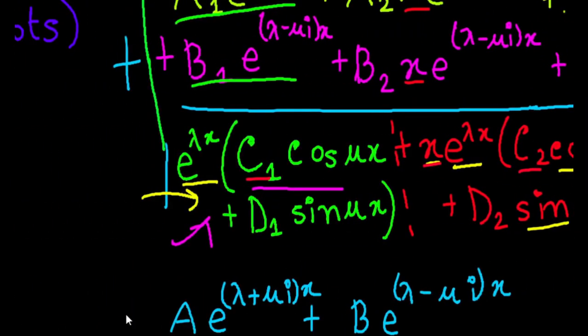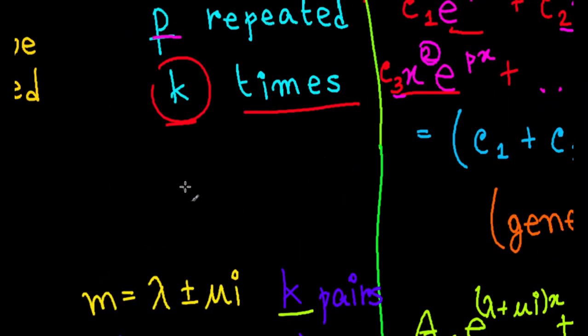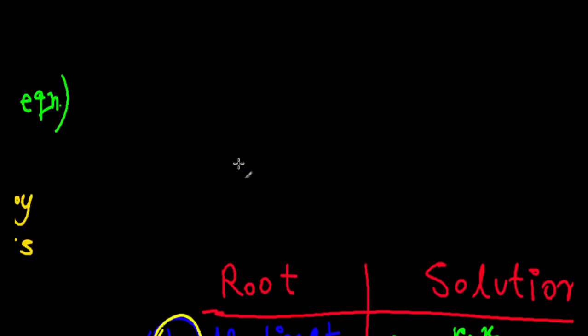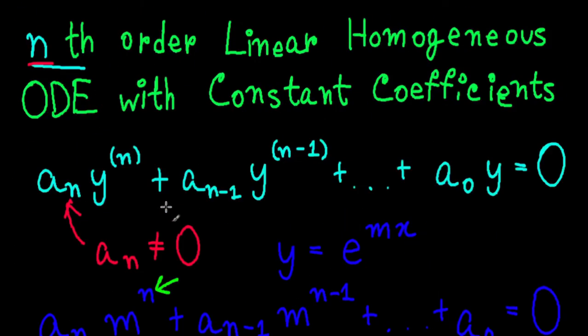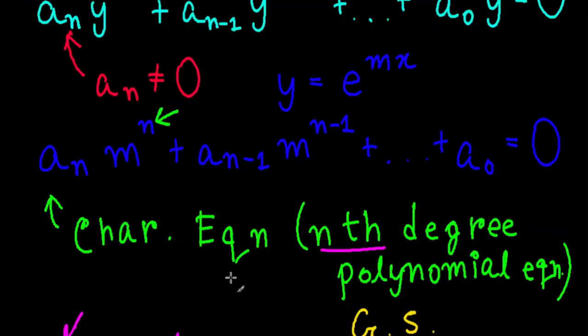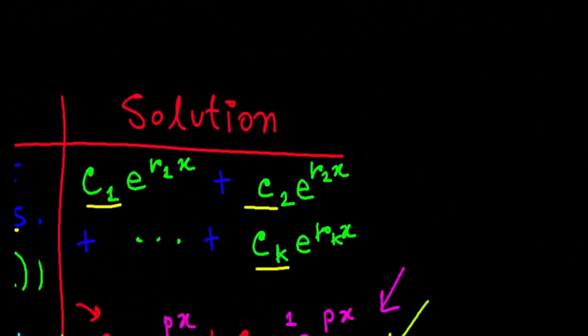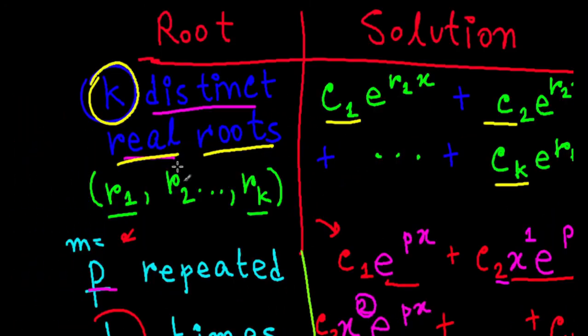Anyways, the important thing is, we really deserve some congratulations, because now we have the ability to solve any nth order linear homogeneous ordinary differential equation with constant coefficients. We saw we dealt with any case that might arise with the solutions to the characteristic equation.